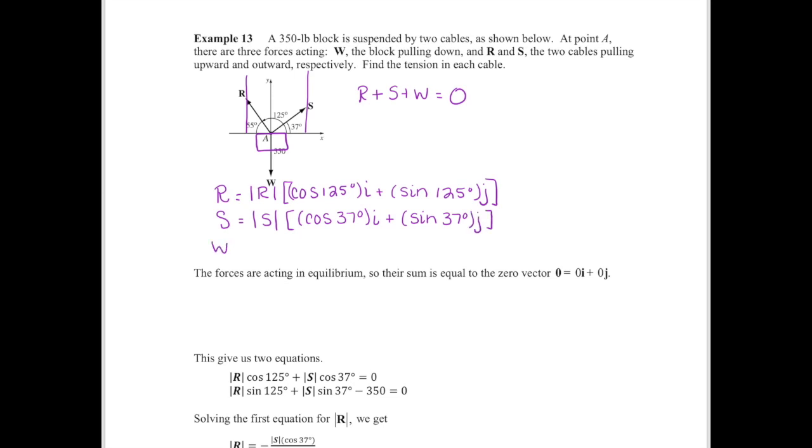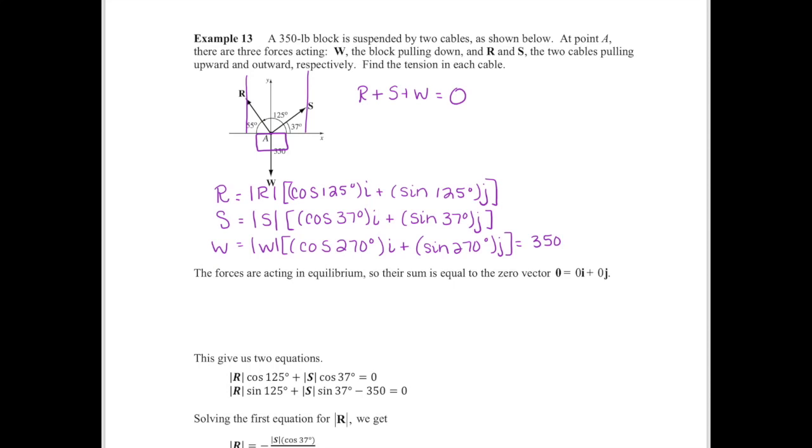And then W itself, the magnitude of W times cosine 270 degrees I plus sine of 270 degrees J. We know what W is because it's 350 pounds. So its magnitude, we know already, is 350.